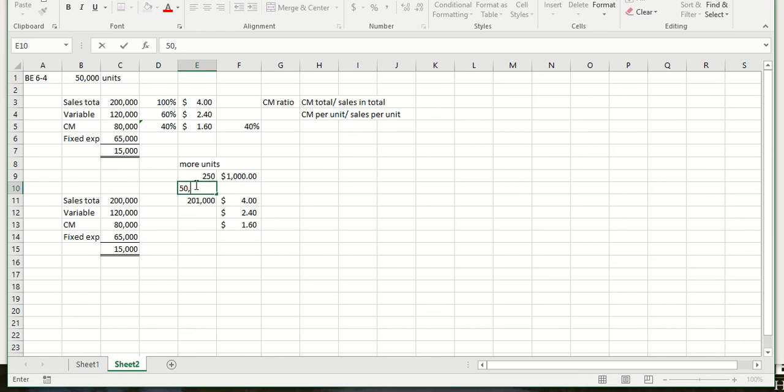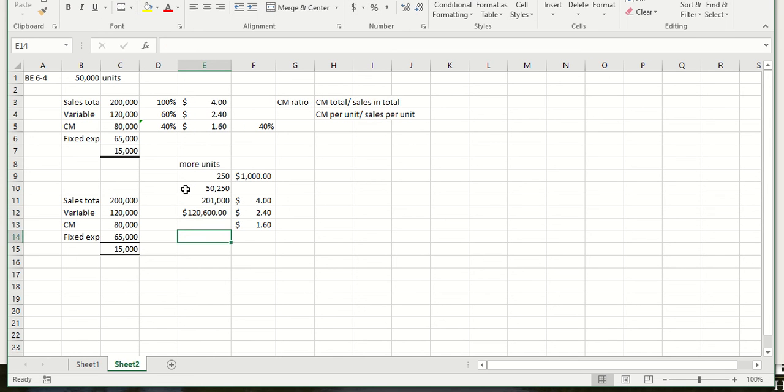So it's 50,250 units that we're going to make to get the 201,000. This one times the new number of units gives us a new contribution margin. We have the same fixed expenses within the relevant range, and this is what your net operating income would look like.